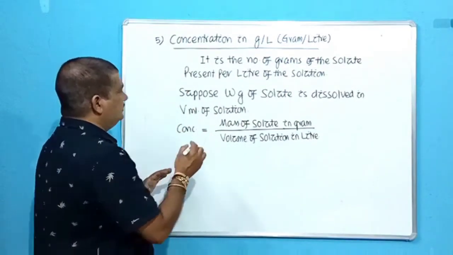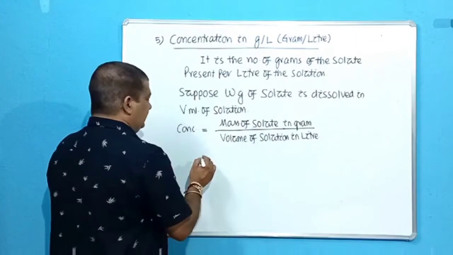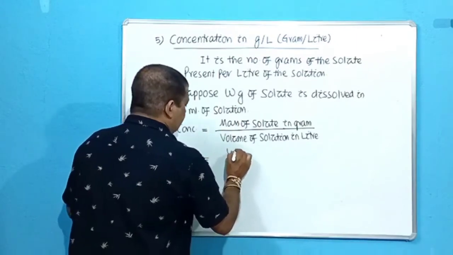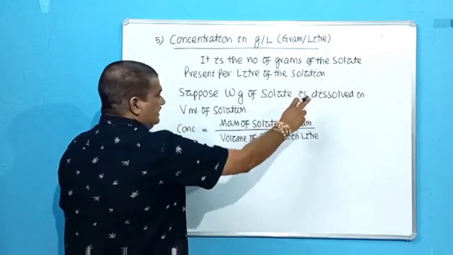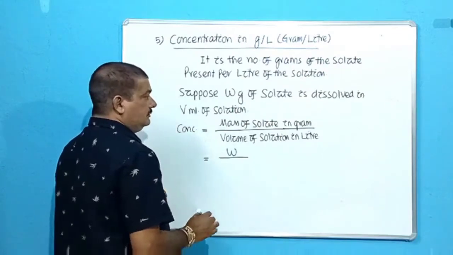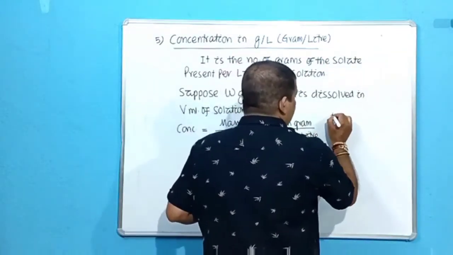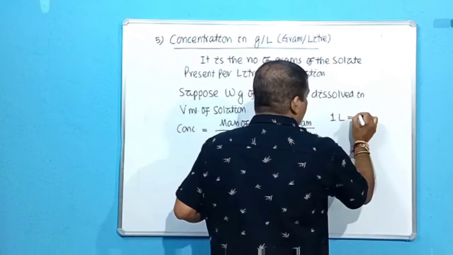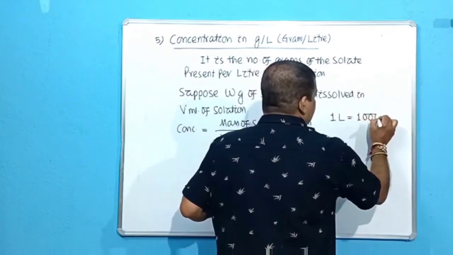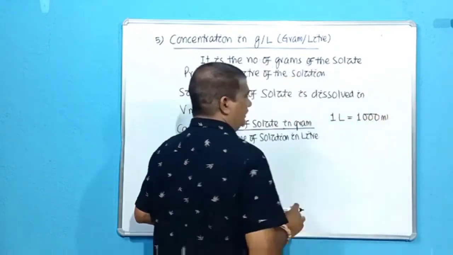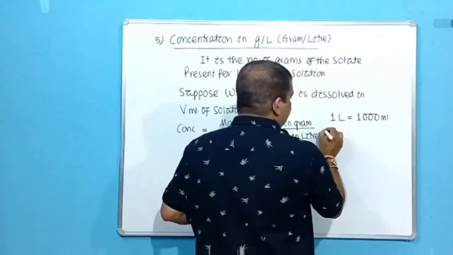Okay. Suppose W gram is given, that means concentration will be W, but the volume is expressed in milliliter. We know that 1 liter is equal to 1000 milliliter. So what will be 1 milliliter?